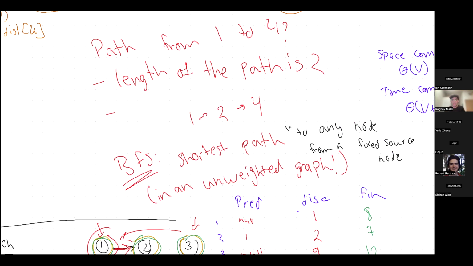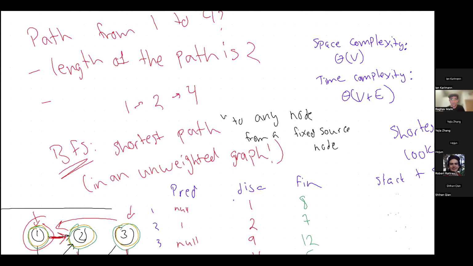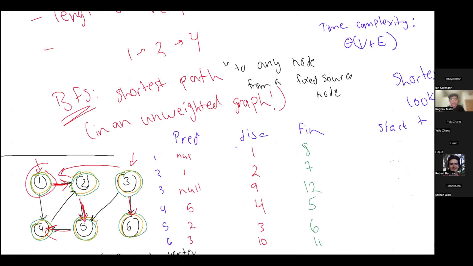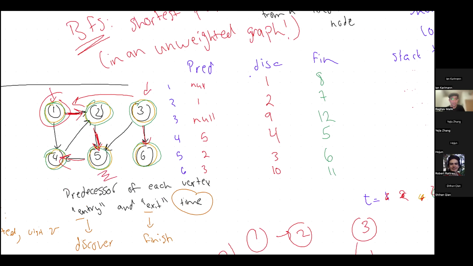I could loop over every vertex in the graph and do this. But for example, 5, right? 5 is reachable from both 1 and 3, right? So if I did a breadth first search starting at 1, I reached 5. I set the distance of 5 to 2, and then I started at 3, right? I look at 2, 2's already been visited, whatever. I move on. I look at 3.